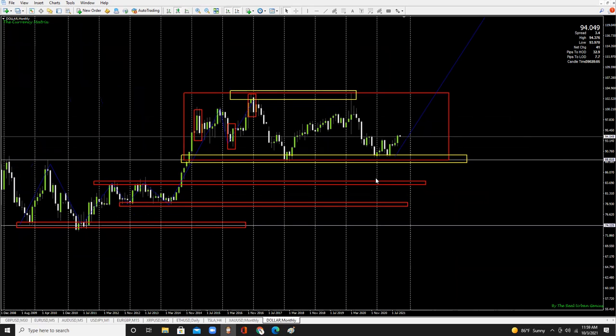2 touches typically seals the deal. So we got 1 touch to the high, then 1 touch down here. Then this second touch solidified the top of the range, and this second touch here solidified the bottom of the range. So at this point, we're looking at the high being solidified and the low being solidified.